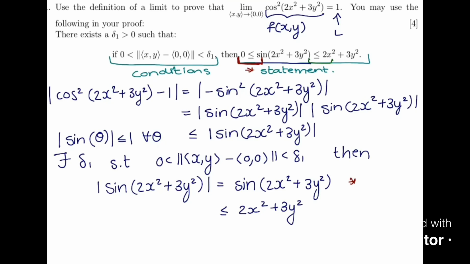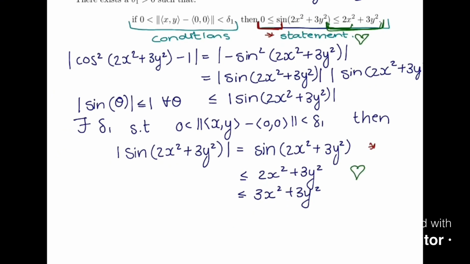So this side, let's call this a heart. And now this helps us get to something of a norm. Now this can be less than or equal to 3x squared plus 3y squared, and the reason for that is because x squared is positive.